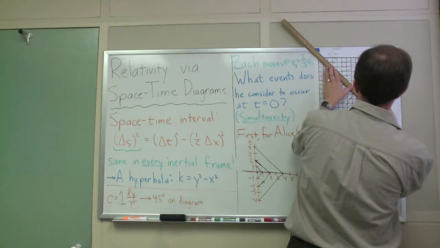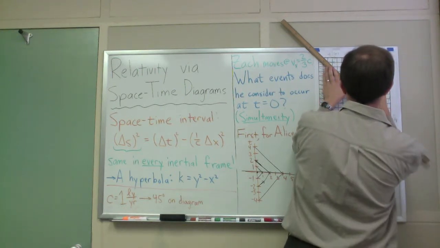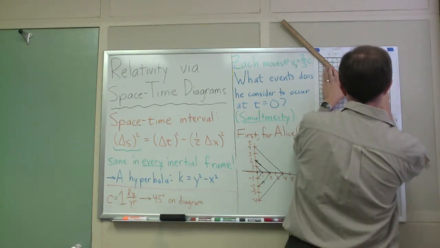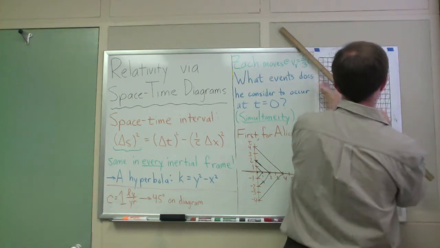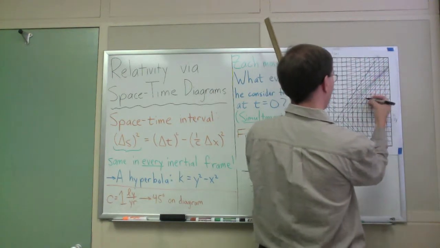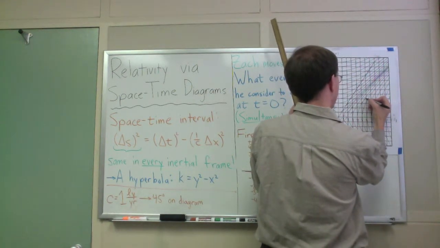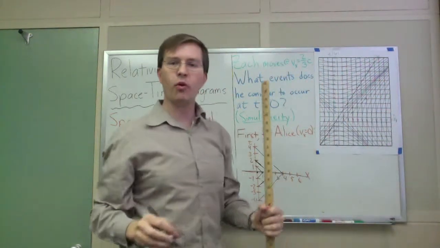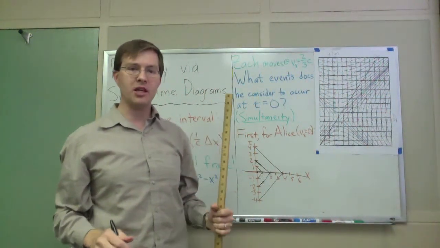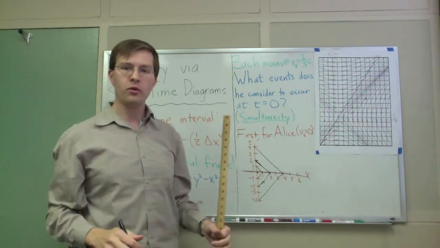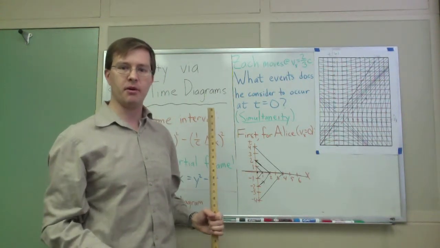Let me extrapolate this backward from his path back to where it would have come from. Again, my line's not quite perfect at the corner, but that's going to be at this point. That's another point that Zach will consider to be time equals 0 in Zach's perception of time.